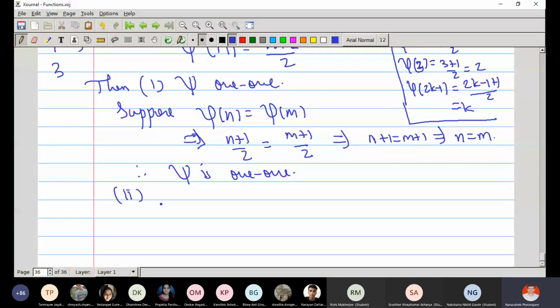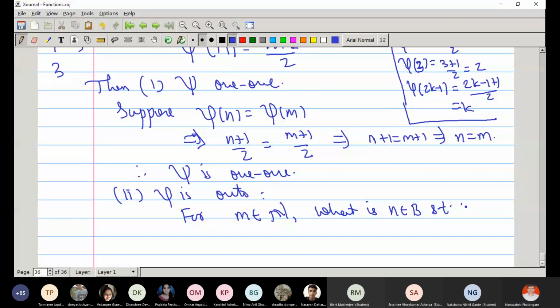Is it onto? Yes, sir. Why? So for the reverse process, if you choose any element from codomain, what is a pre-image in domain?